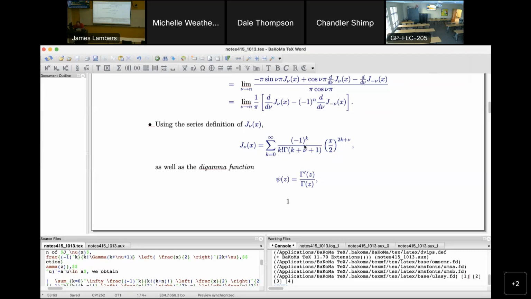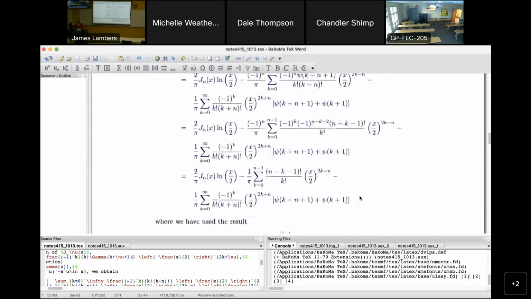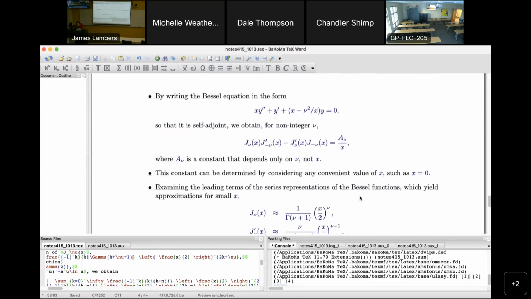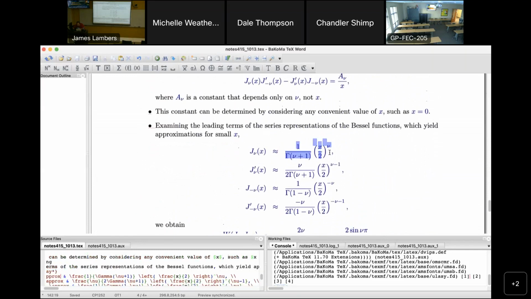So these terms get small extremely fast as k increases, and the larger nu is, the more rapidly they decay to 0. So it's not unreasonable when x is small to consider just the leading term, k equals 0. And that's exactly what was done here in getting this approximation of J nu.